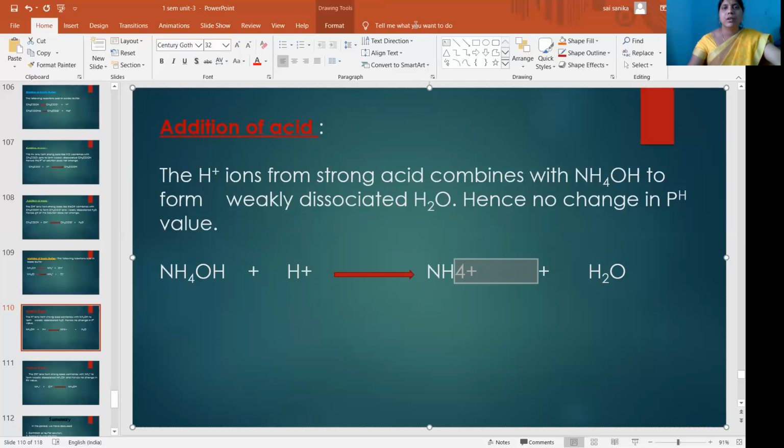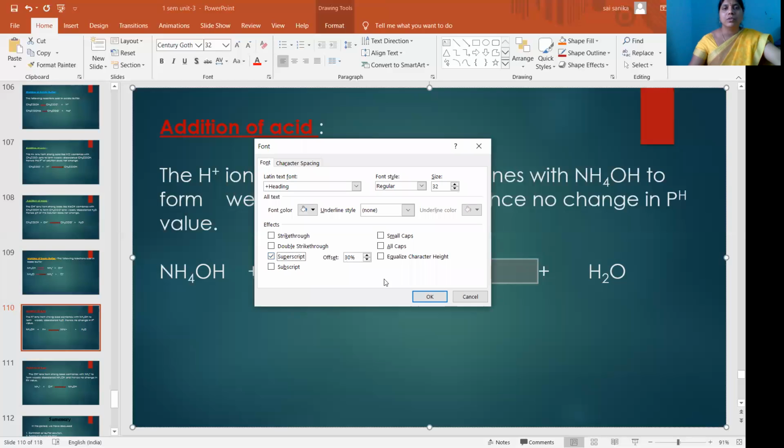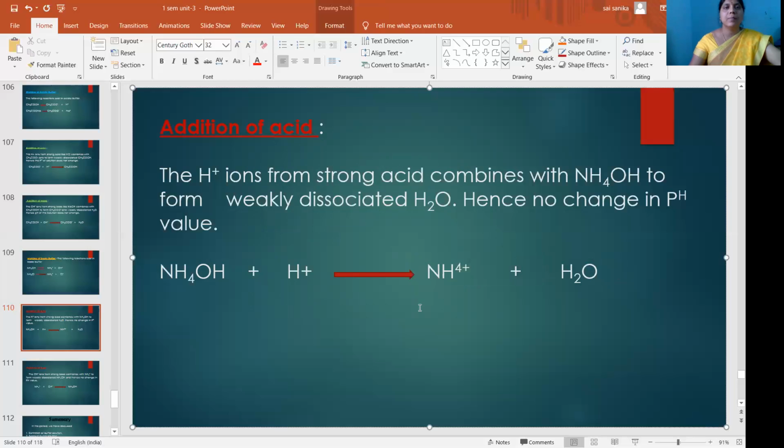They form NH4OH molecules. So there also, there is no change in the concentration of H plus or OH minus ions. That's why there is no change in pH value.